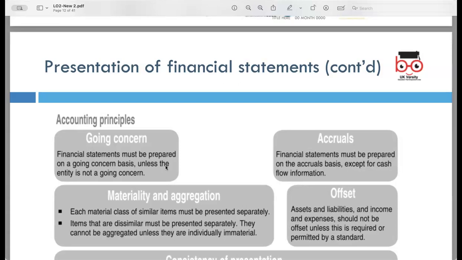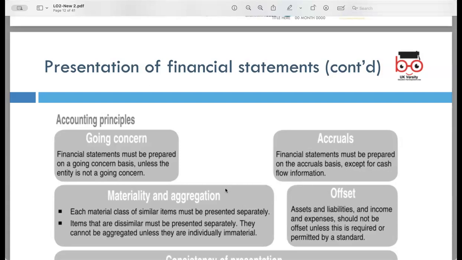Materiality and aggregation means that significant items must be presented separately in the financial statements, while immaterial items can be aggregated. This principle ensures that important information is not obscured by insignificant details.